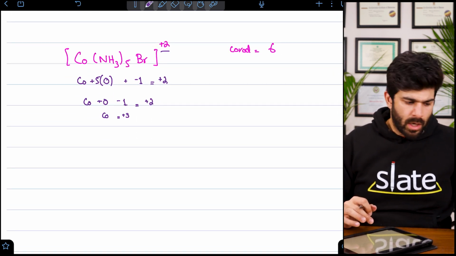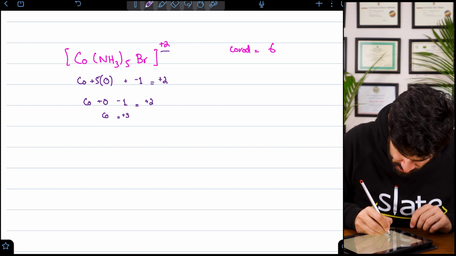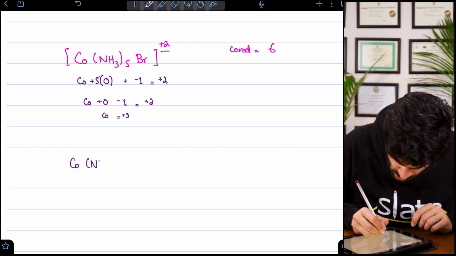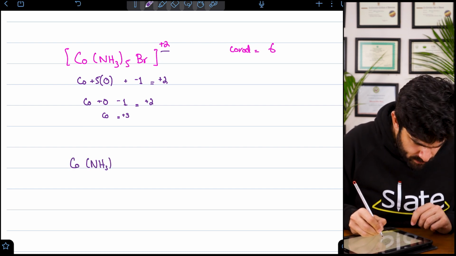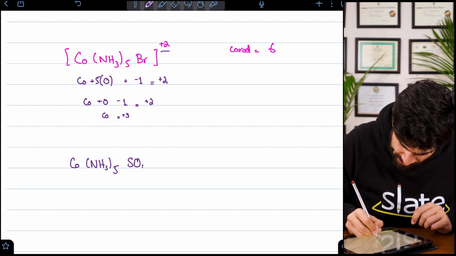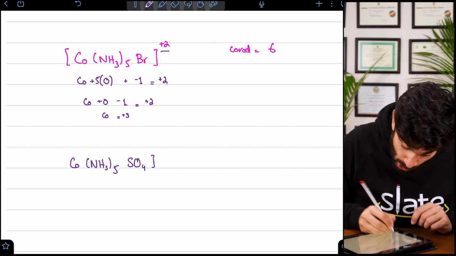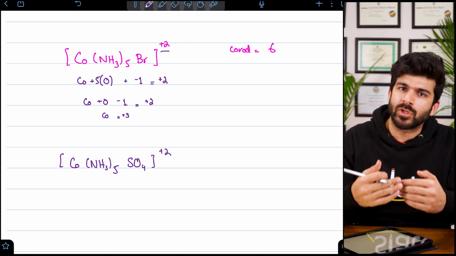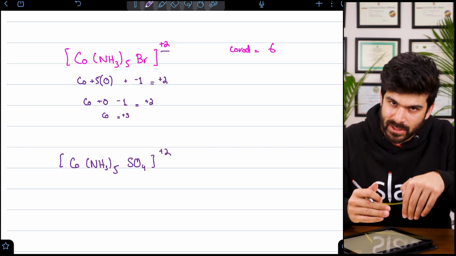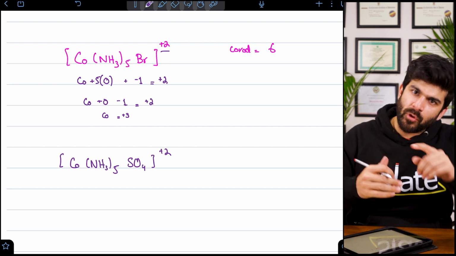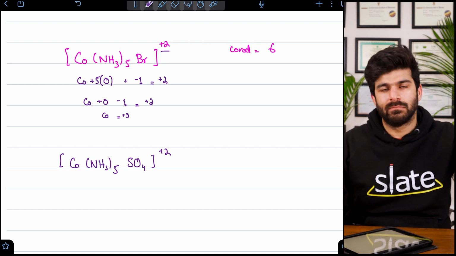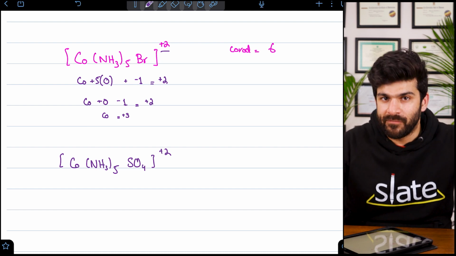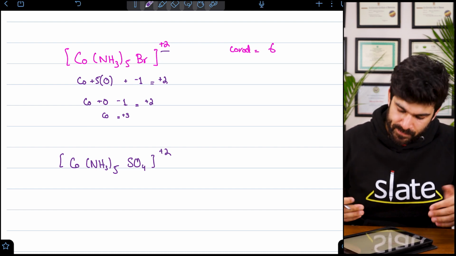That's a basic one. For instance, let's change it. It's cobalt with ammonia, but this time we have sulfate here. Why am I doing it? Because these molecules can further be used for some other reactions that we'll discuss today. That's a concept of the P3, but the paper P4 has had questions like that.